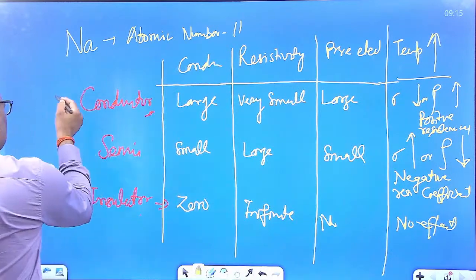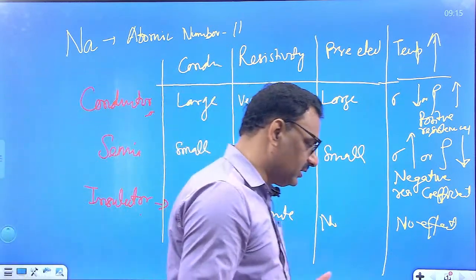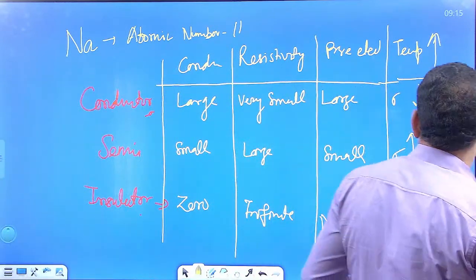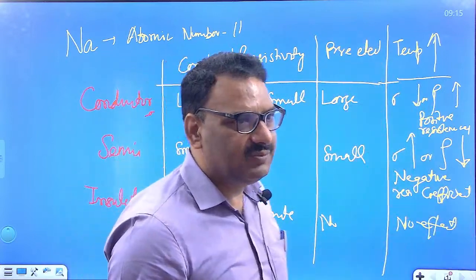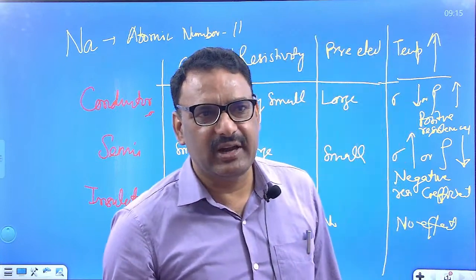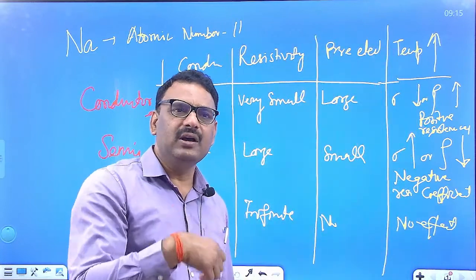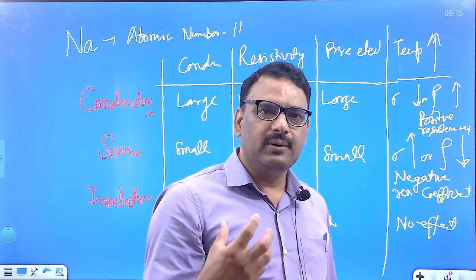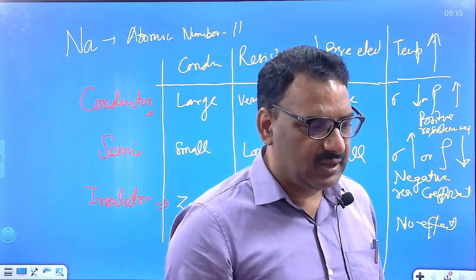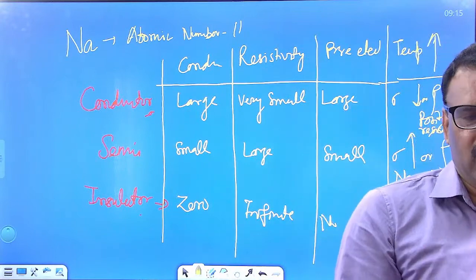With the help of the Boltzmann constant, we can give the relation kT. This is the amount of energy supplied to the electron, and the electron comes out from the orbit. The most probable is that the outermost electron will come out.